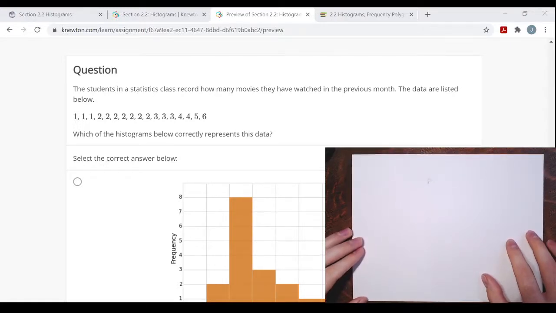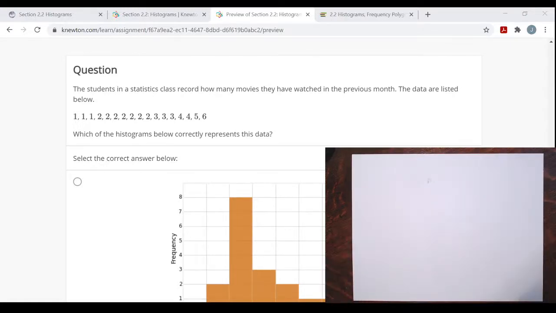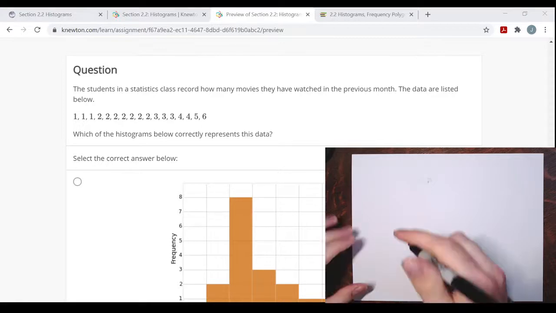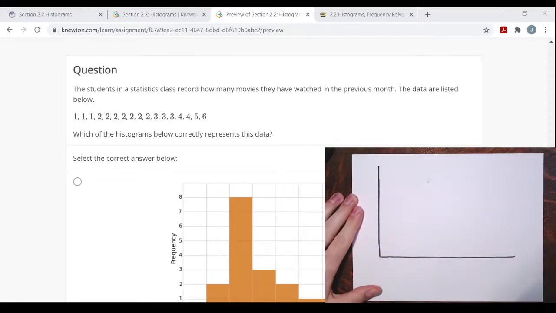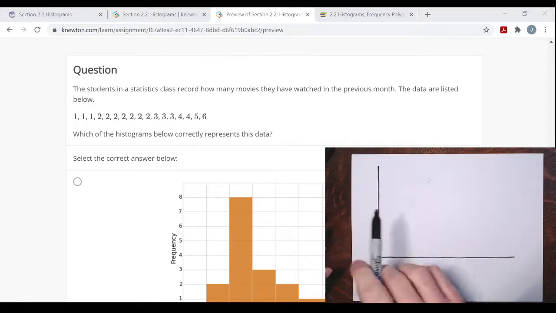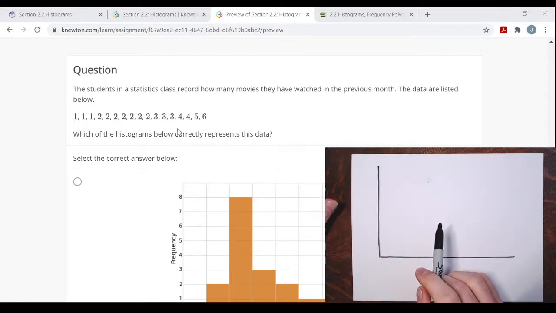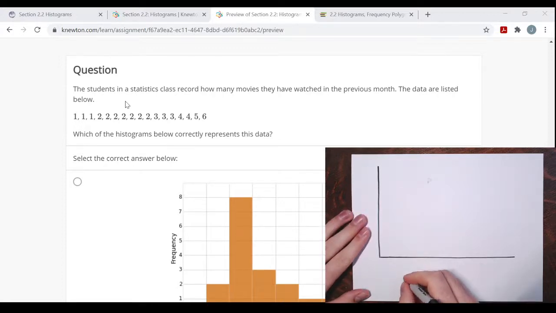I'm testing this out for this video here. So I make 2 axes, horizontal, vertical. The horizontal axis, remember, is going to represent the actual data values. So all these numbers represent number of movies watched.